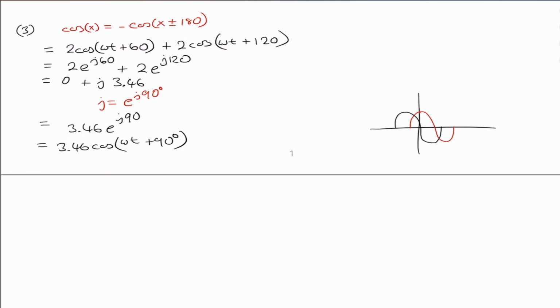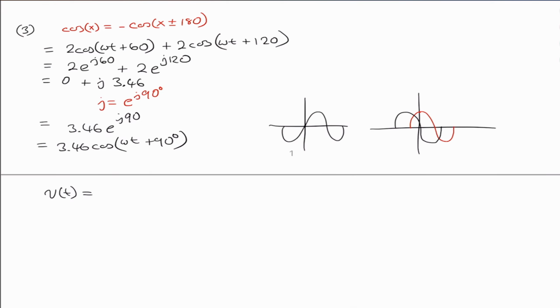So if we advance our cosine that was in red by a positive 90 degrees, then it shifts to the left by 90 degrees, and now it becomes a sine. So v of t is then equal to a minus sign, because by the way, this is not a positive sine, it is a minus sine, since a positive sine is of this form.